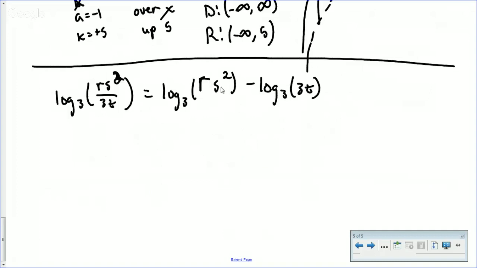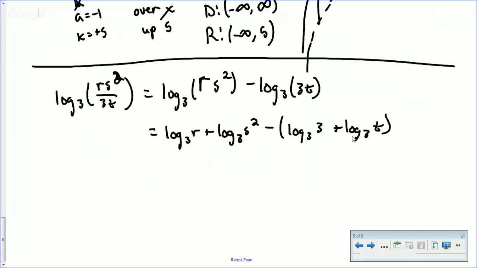Now I'll split this multiplication up with addition. So log base 3 of r plus log base 3 of s squared minus log base 3 of 3 plus log base 3 of t.